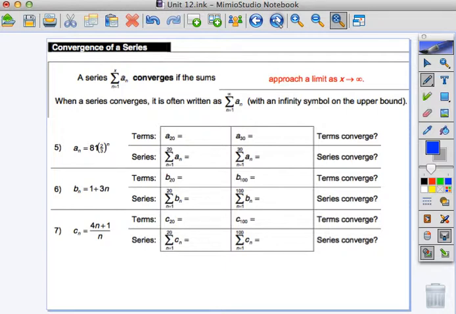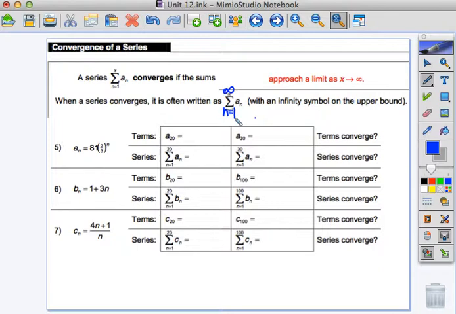A series is often written, I know on your worksheet that's maybe difficult to see, it's n equals 1 on the bottom, and then on the top you have the infinity symbol. Okay. So it doesn't matter what your formula is, but if you have the infinity symbol, that tells you about a series that may converge.